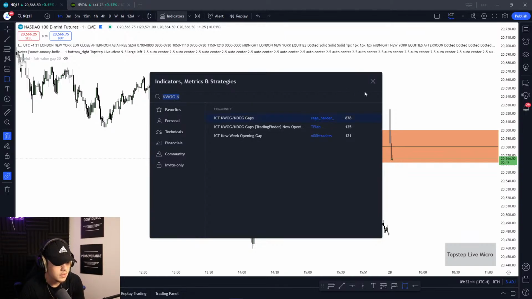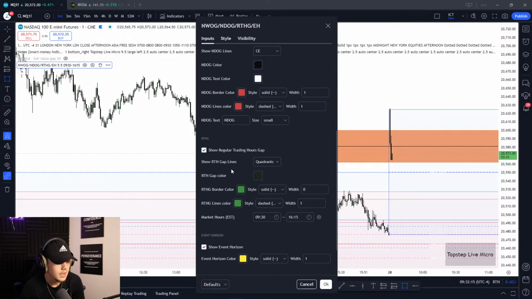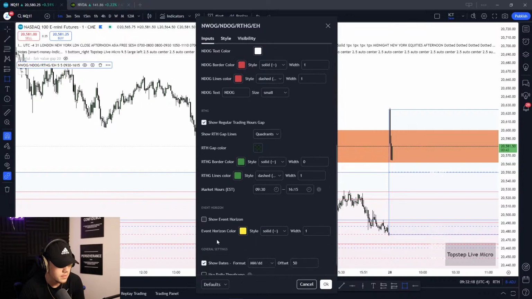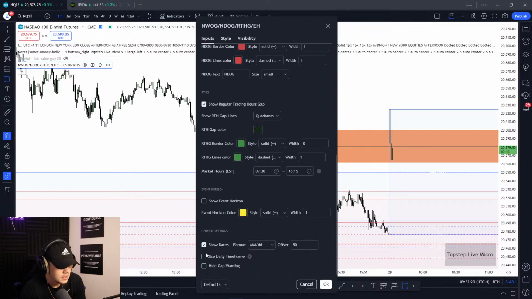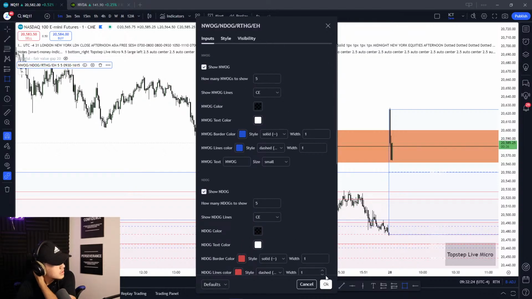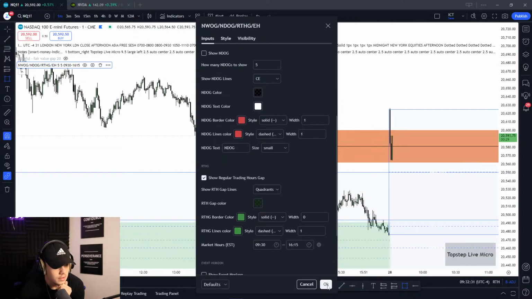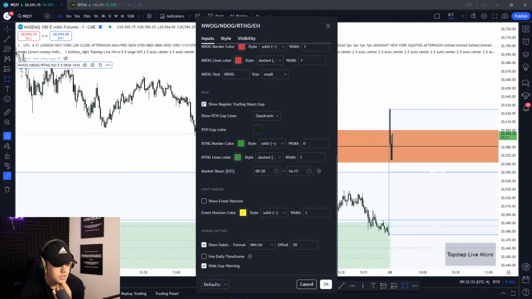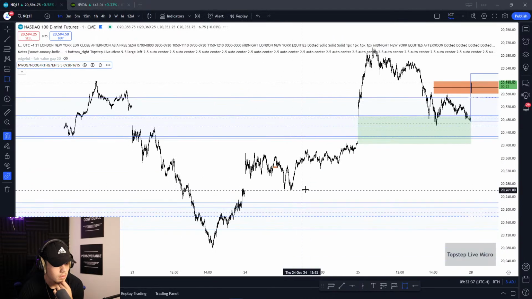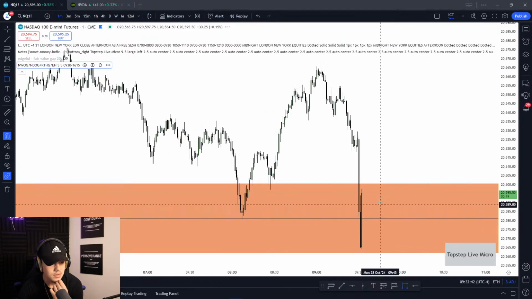I think it's this one. Rage Harder. Yeah, it is. Regular trading hour gap. Get rid of event horizon. Hide gap warning. Show new day opening gap. And then show... We're just going to show the new week opening gaps for now. Regular trading hour gap. So it's showing the previous regular trading hour gap. I don't know why it's not showing this one.